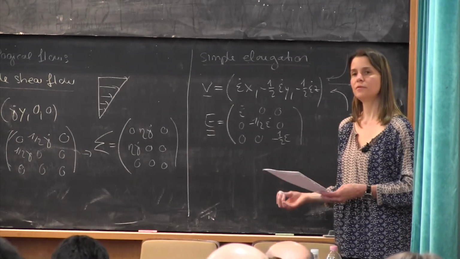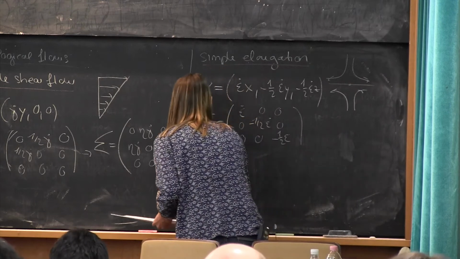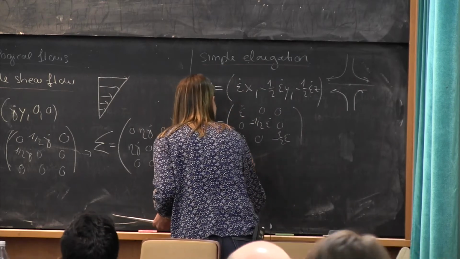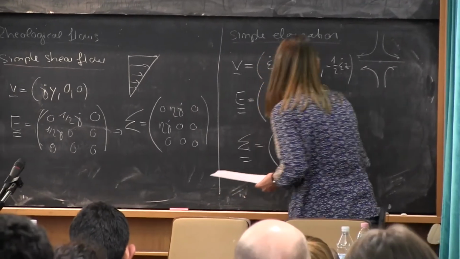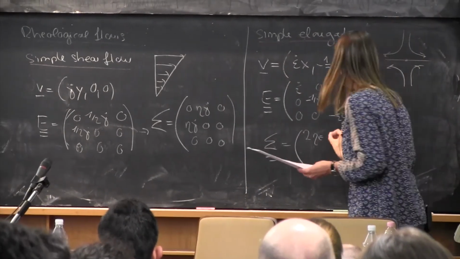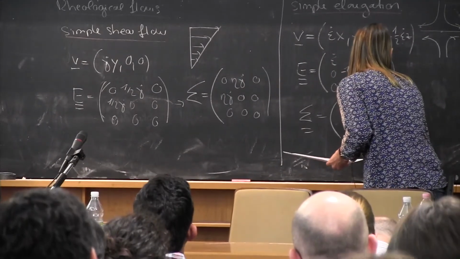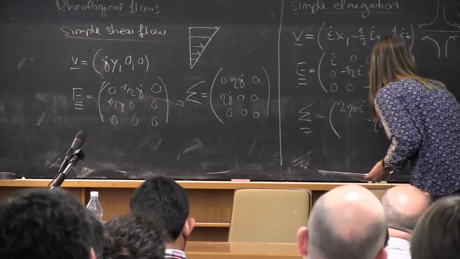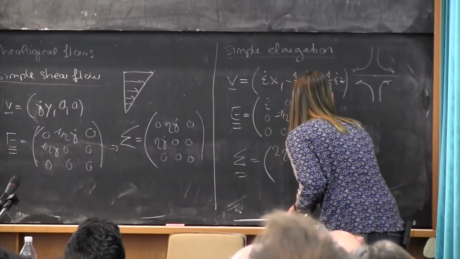And in this case, one defines what is called an elongational viscosity. I will write the stress tensor first, which looks like 2 times, where the small e means elongation, epsilon dot, minus eta e epsilon dot, minus eta e epsilon dot, and all the rest is zeros.